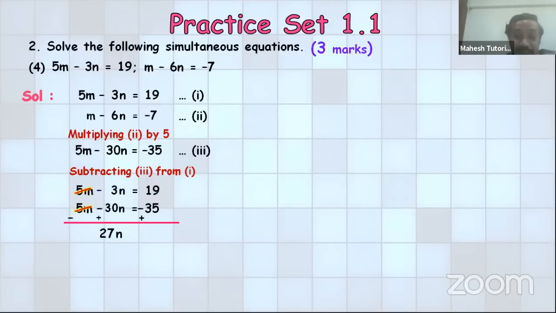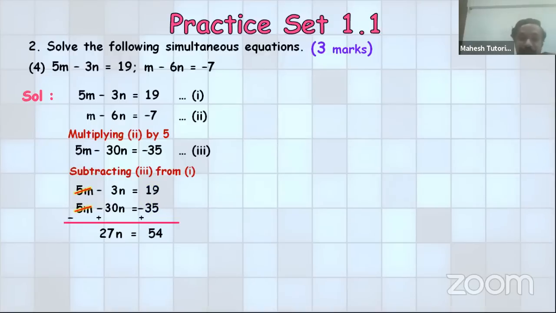Perfect. And sign बड़े नंबर का लगता है, बड़ा नंबर 30 का sign is plus, so it is plus 27n. Moving further, students tell me, what is the sign of 19 plus? What is the sign of 35 plus? तो plus plus तो add ही करना है in normal, in general. So in that case it is 19 plus 35, which will give me 54.